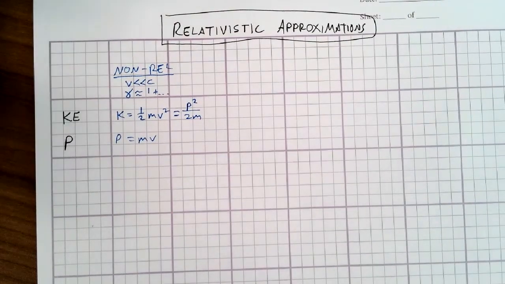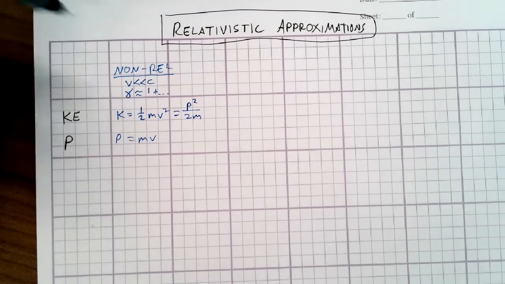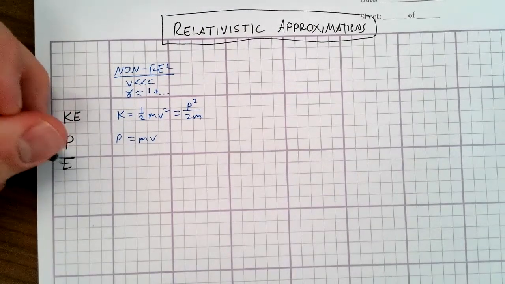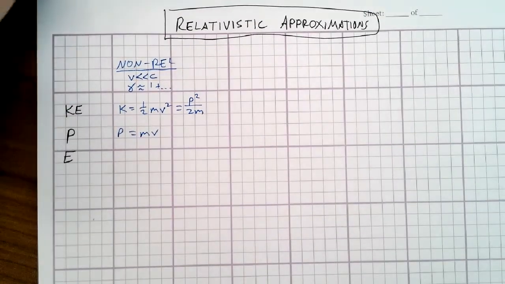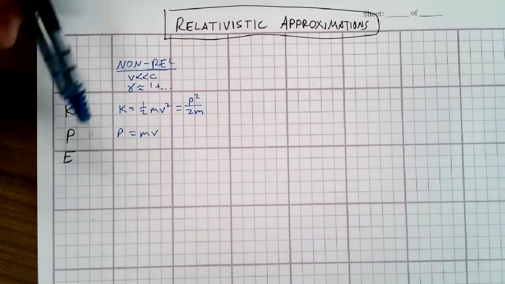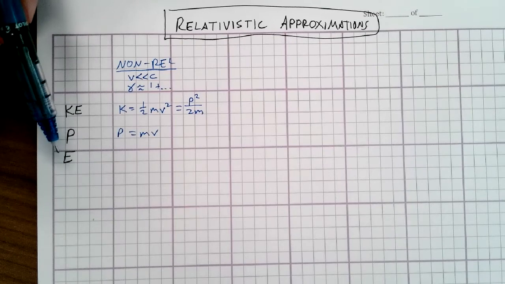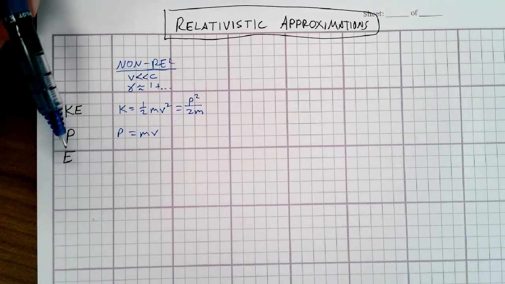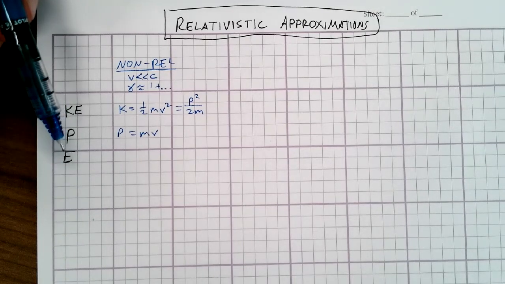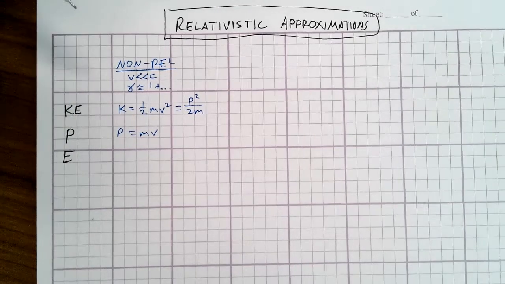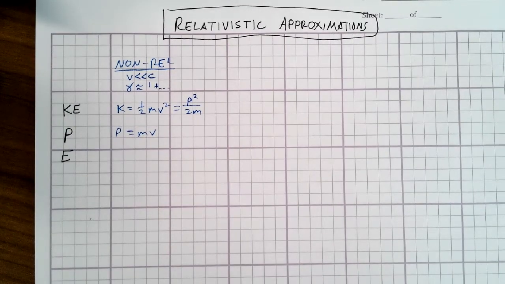Now let's get a little weird with it. Let's talk about total energy. By total mechanical energy, I would mean kinetic plus potential. Now we're going to assume that we're living in a world that has no potential. You just have to add those terms on later yourself. So my total energy would then be my kinetic energy, except I'm going to talk about things that are relativistically correct.